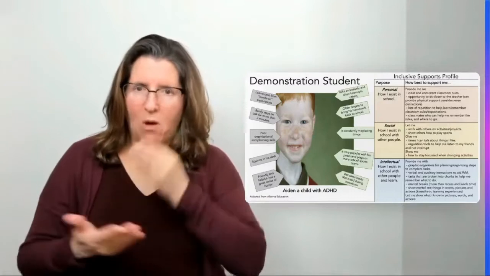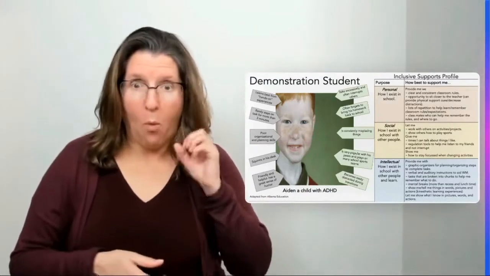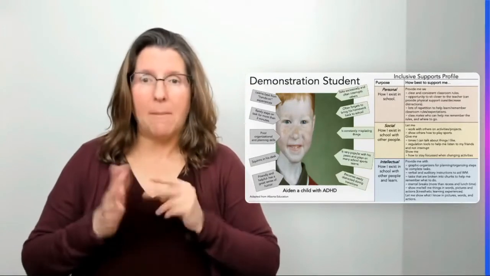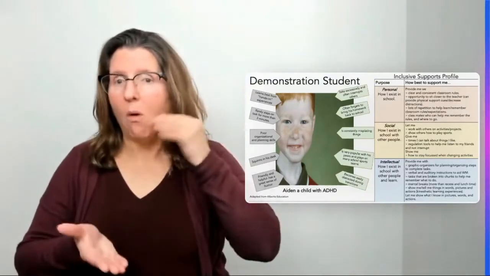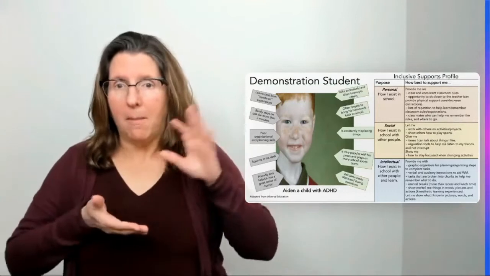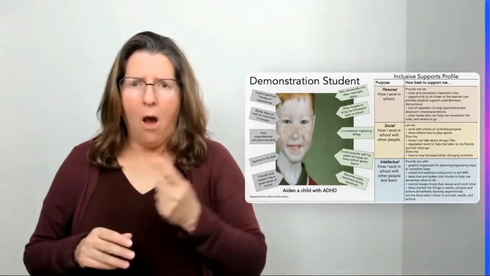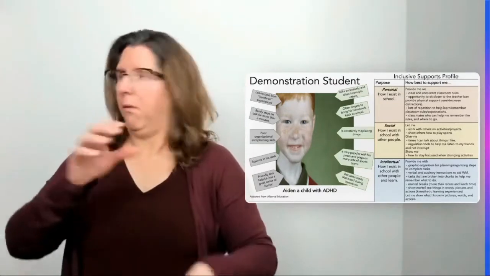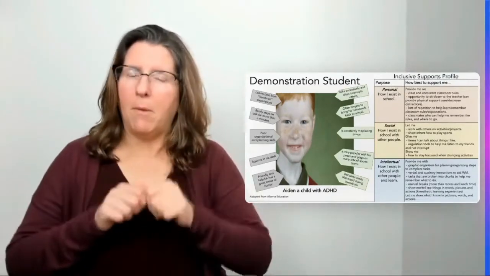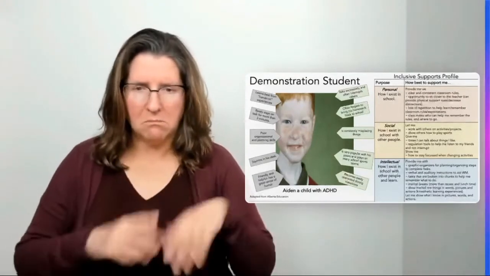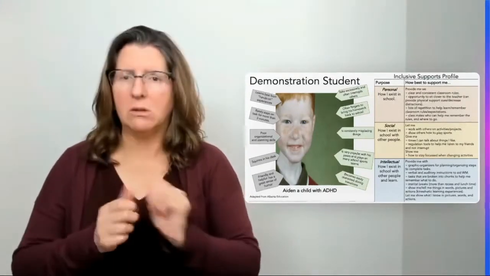We know he often forgets to bring his homework home and forgets to bring it back to school. If he is reminded to take it home, it's not likely to come back. He is constantly misplacing things, forgets where he puts things down. He is popular with his peers and plays on many school sports teams.